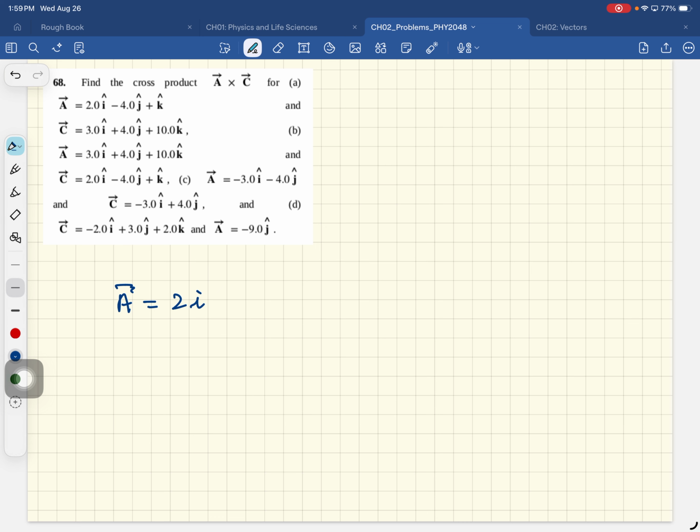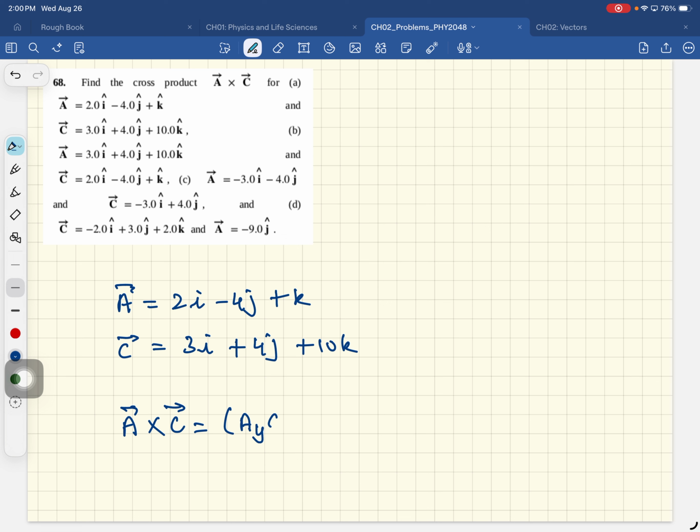All right, so here's the point. Notice something. This is A, and that's C. In this problem, they've just switched them. C became A, and A became C. So in the first problem, you did this vector cross with this, and in the second problem, you're doing this vector cross with that.